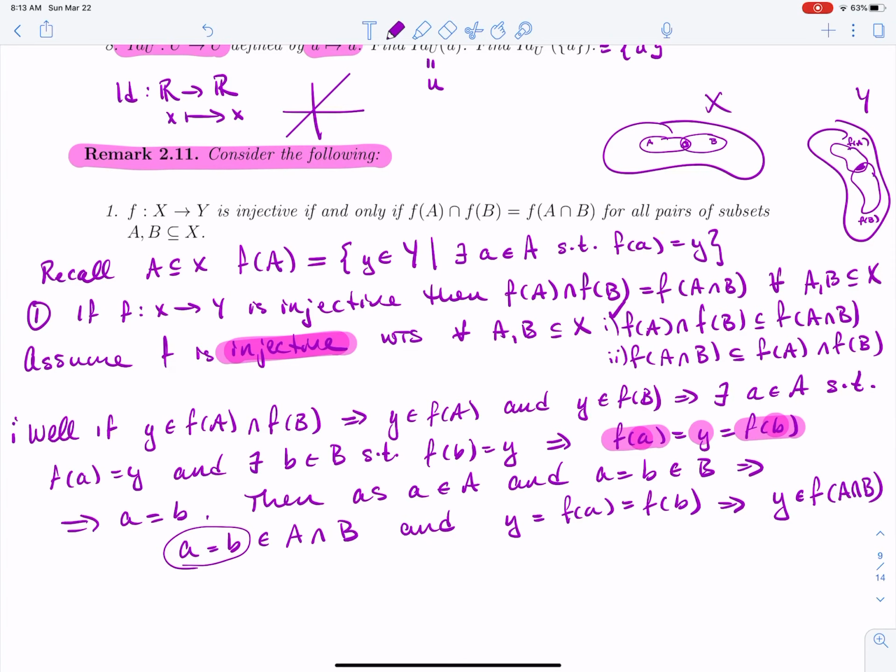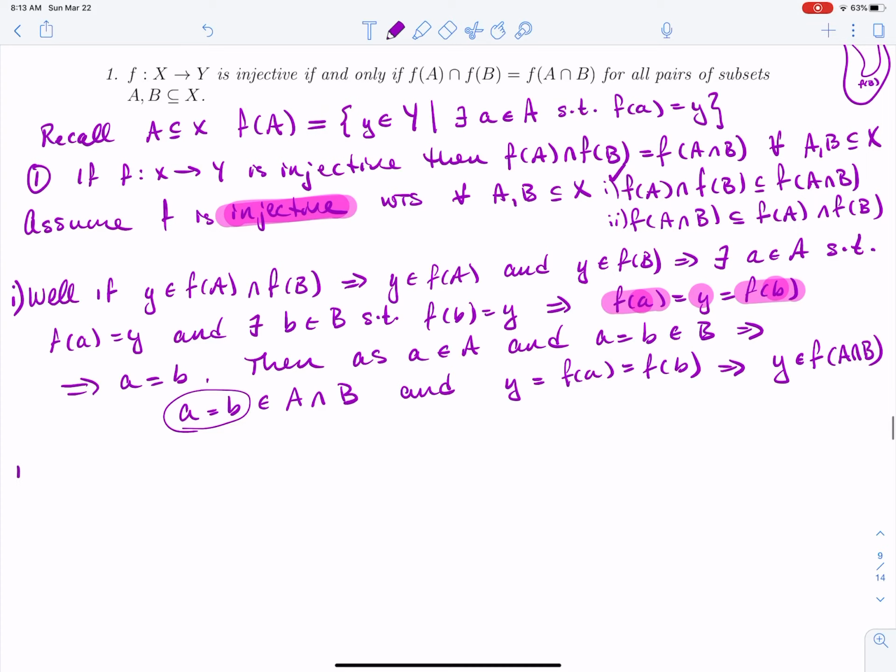Part I. So now for part II, we start with the opposite inclusion. If y is contained in f of A intersect B, we want to show, what do we want to show? We want to show that it's contained in f of A intersect f of B, and we're still under the hypothesis that f is injective.